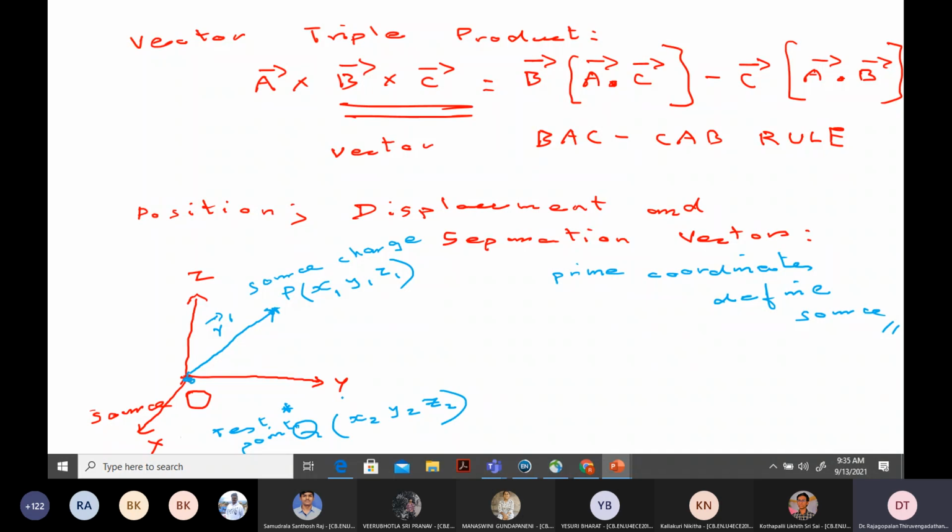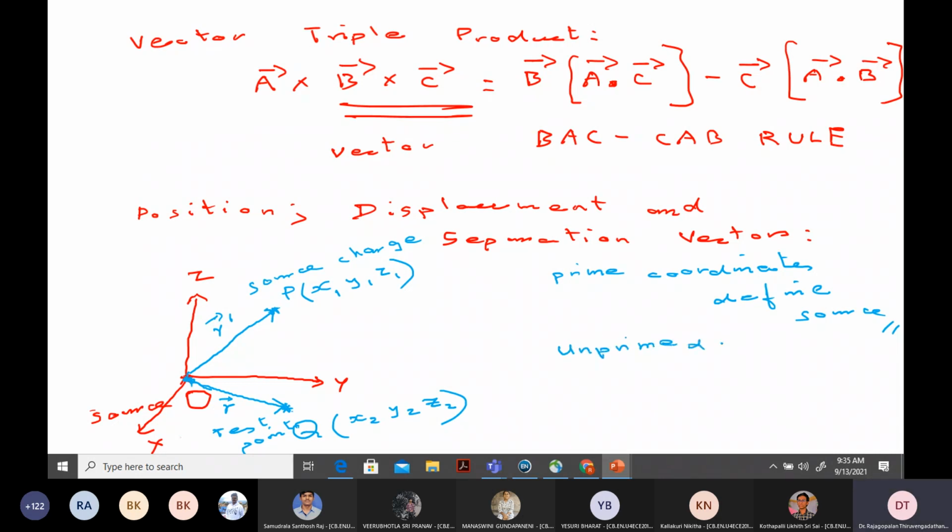And the unprimed coordinate is the test. The vector connecting from the origin to the point Q is my unprimed coordinate r. So this is my point Q, unprimed coordinate r.